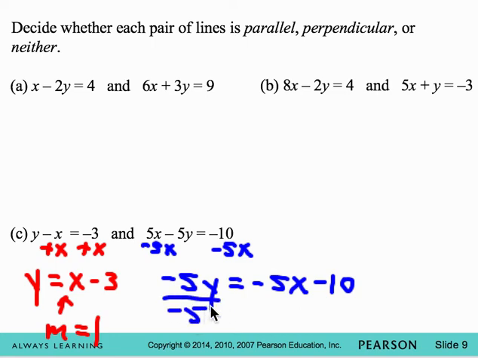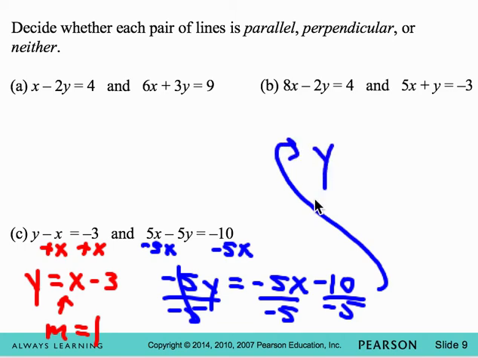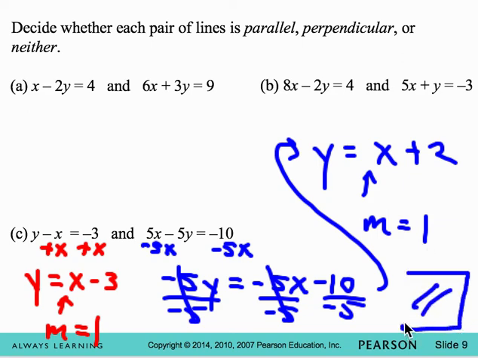Let's divide by negative 5. So we have y equals x plus 2. The slope of this line is 1. They're exactly the same. These lines are parallel, and that's the little shortcut symbol for parallel.